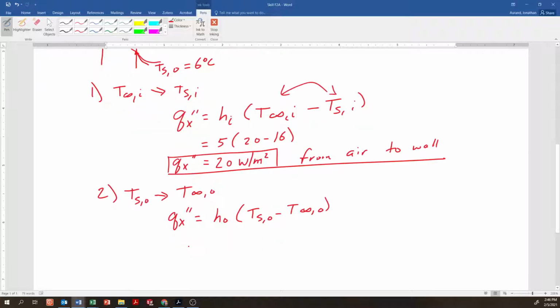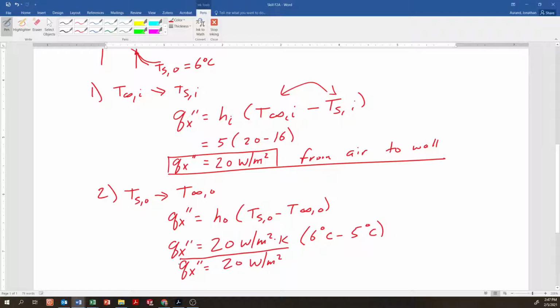And what does that work out to be? Well, QX double prime is 20 watts per meter squared Kelvin times TSO, 6 degrees C, minus 5 degrees C. Alright, so that works out to be 1. QX double prime equals 20 watts per meter squared, and that's from the wall to the exterior air.